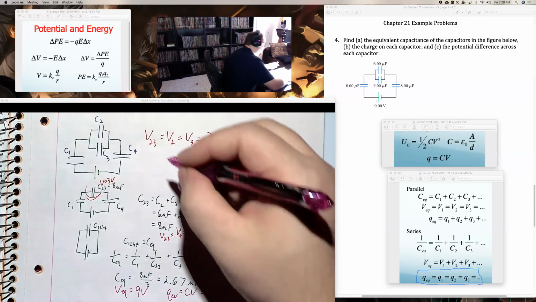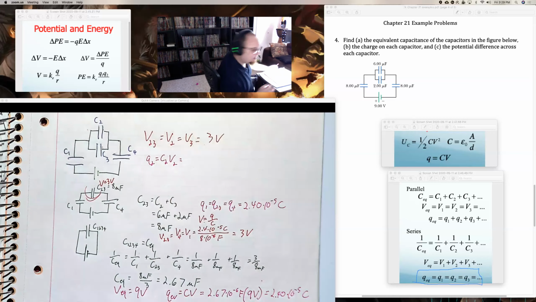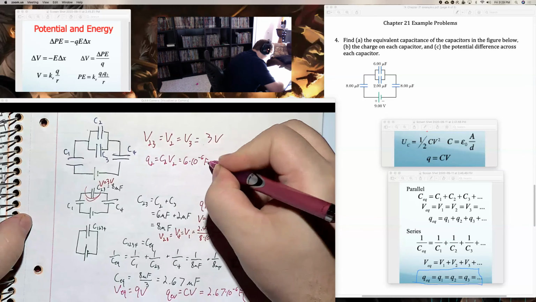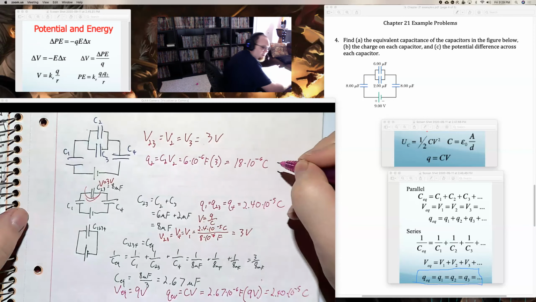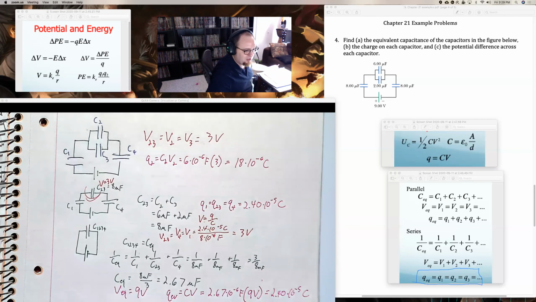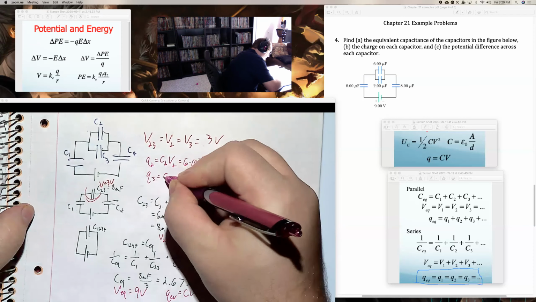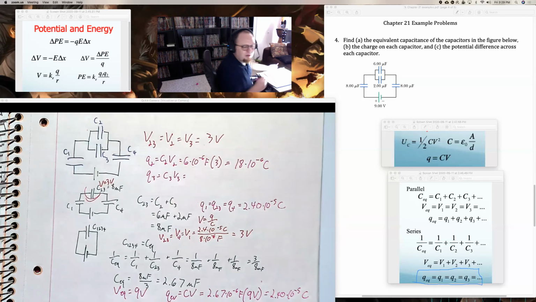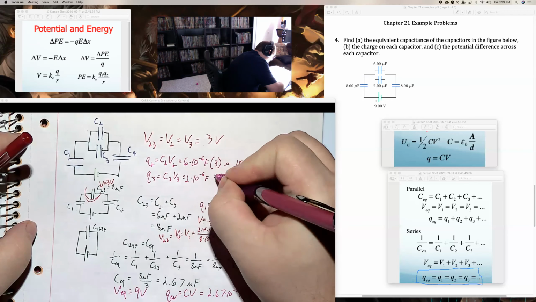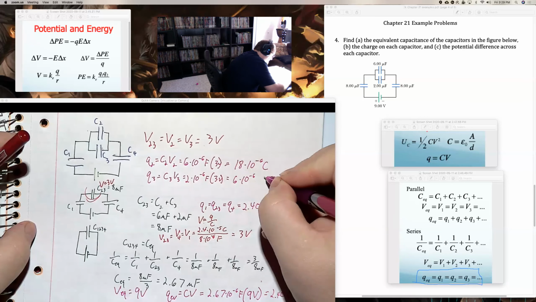I can get the charge on each one by saying Q2 equals C2V2, or 6 microfarads times 3, or 18 times 10 to the negative 6 coulombs, which I know is not the most proper scientific notation, but I'm just doing it in my head. And Q3 is C3V3, or 2. Wait, what's the value for that one? Let's scroll over. 2 times 10 to the negative 6 farads times 3 volts equals 6 times 10 to the negative 6 coulombs.